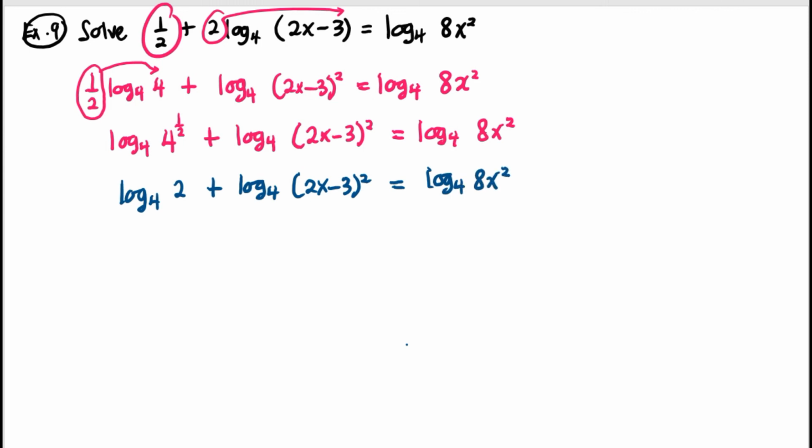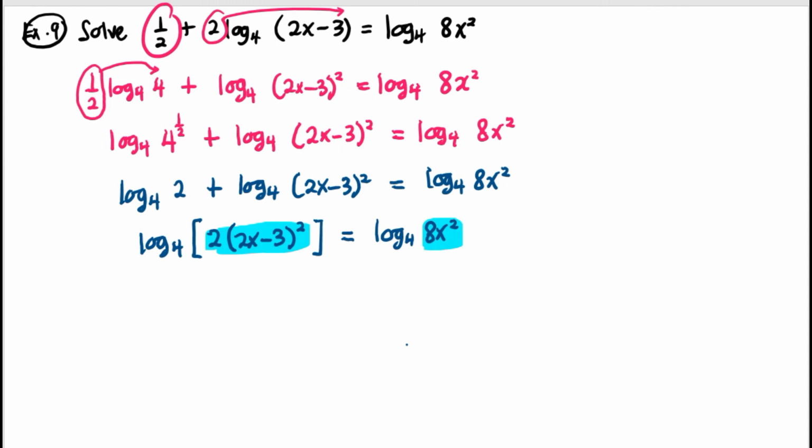Right, if I want to combine the two logs on the left side, therefore I have to multiply the 2 together with 2x minus 3 squared here. This is something like this, and this is equal to log base 4 of 8x squared on the right side. Now just need to compare this part.